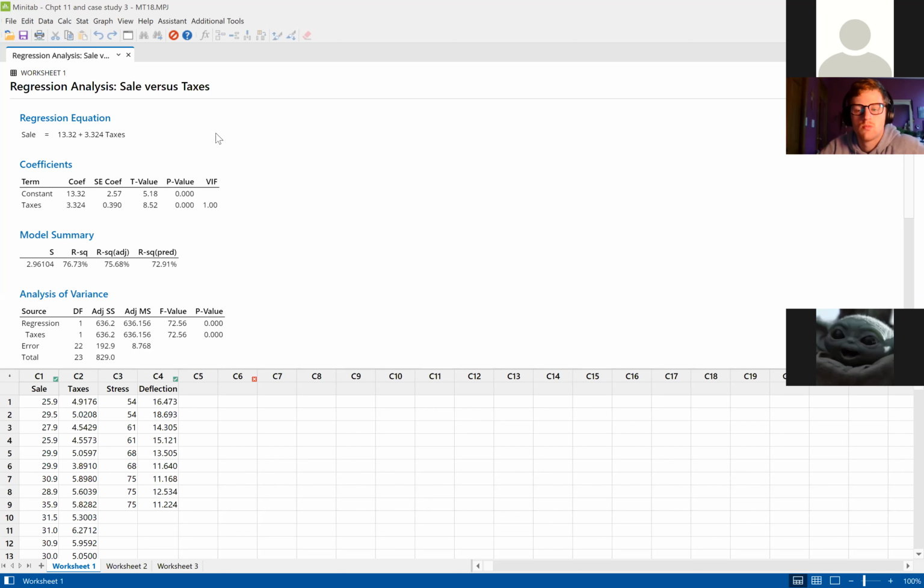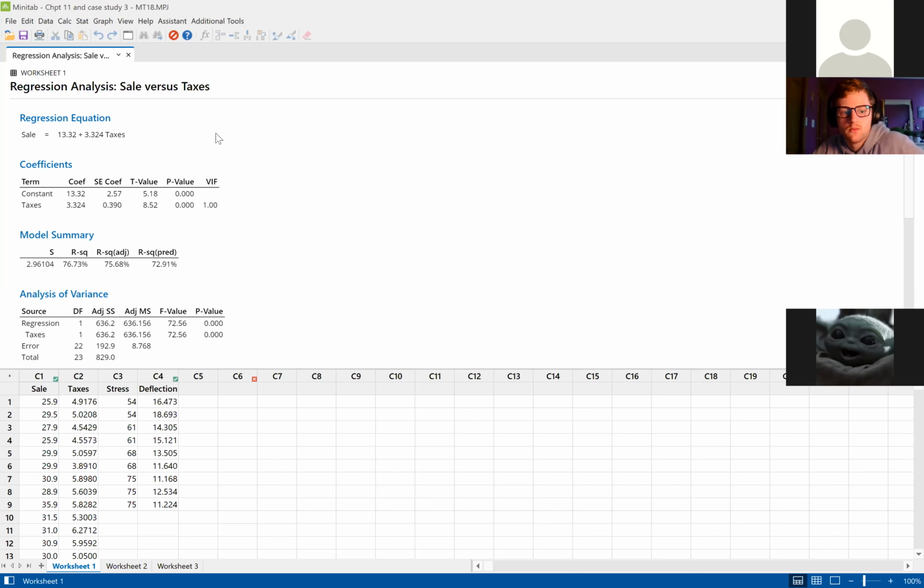The fewer data points I have, and some of our examples, like our next one, only have about 9 data points, the less robust that regression is going to be, because it's based on very few data points, and so it's not very robust for predictive power.